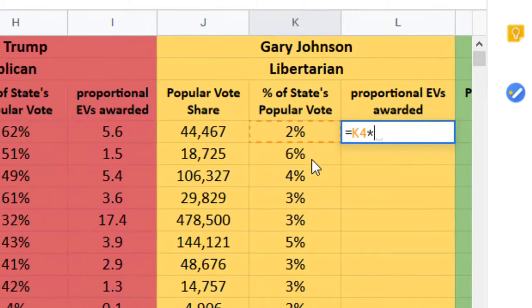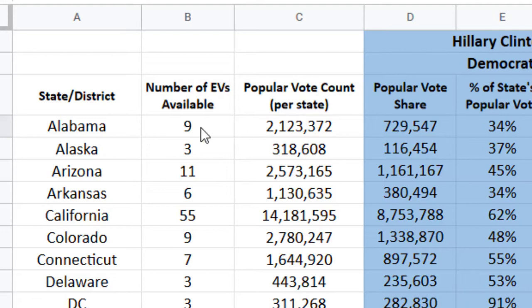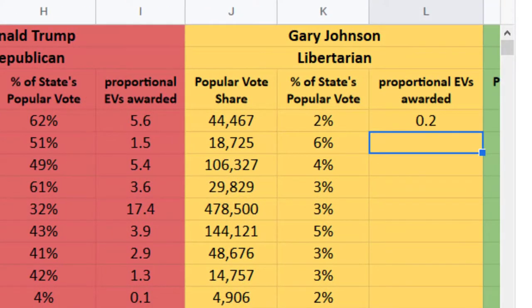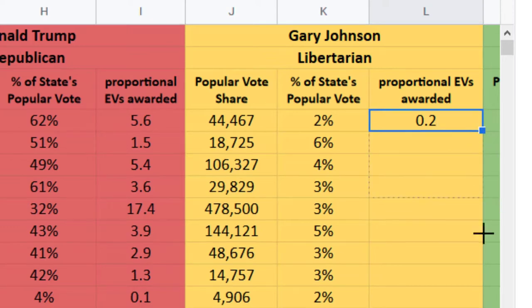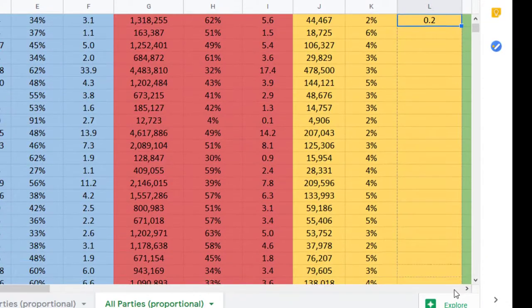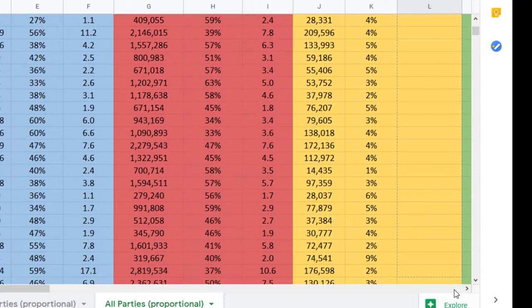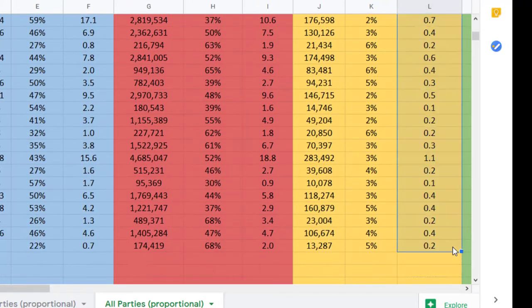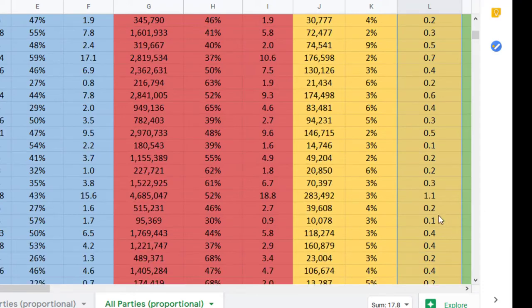So we're going to do 2% of, and then we have to click the number of electoral votes available, which is 9, which means he gets a whopping 0.2 electoral votes from Alabama. Then we click back in that cell, grab that little box, pull until you're at the bottom of the yellow, and then let go. And that's all the electoral votes.